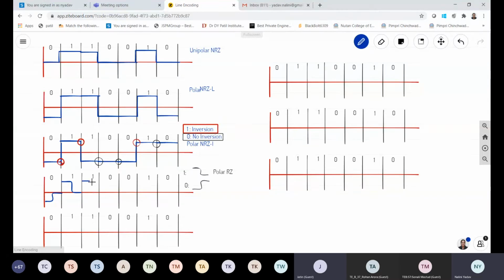So 1 I will represent like this. Again, there is a 0. So 0, how am I supposed to represent it? Ulta Z, inverted Z. Again, there is a 0. So inverted Z. Again, there is a 1. So 1 is represented as a normal Z. And then 0 is represented as inverted Z. I hope my board is clear with all of you.